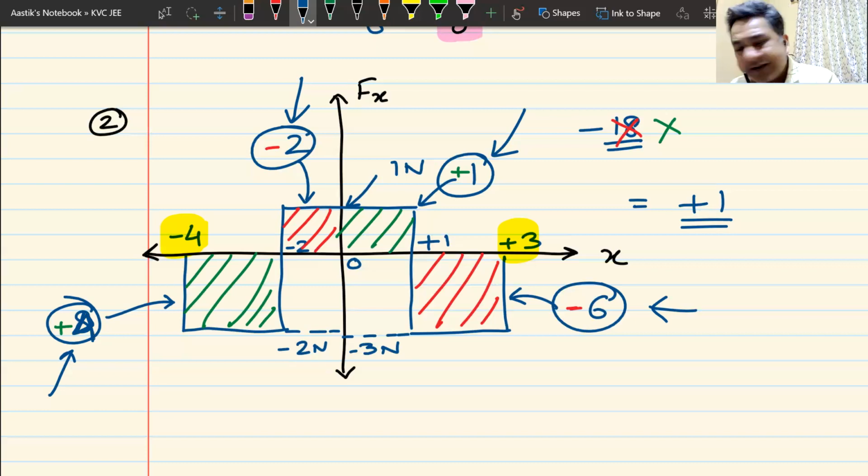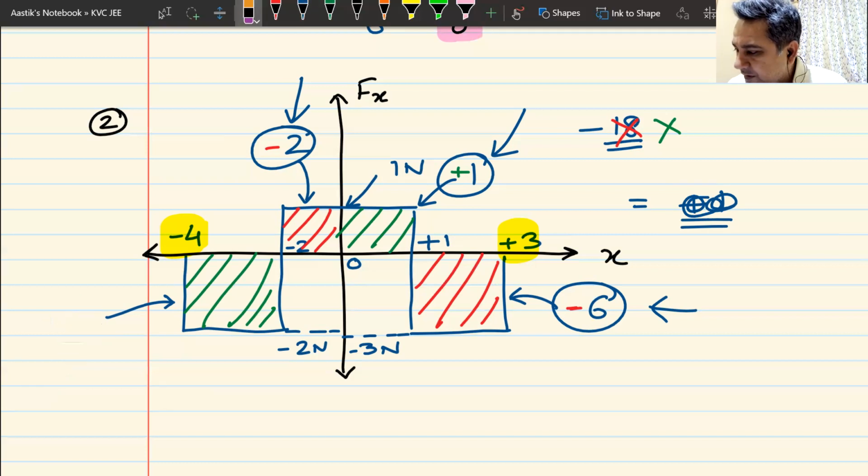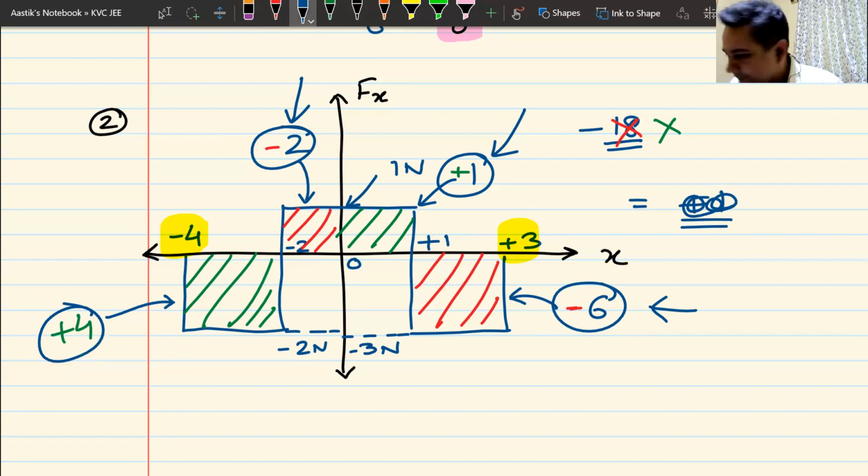Right. Now correct? Plus 4. I multiplied wrongly, that is what you are saying? That should be plus 4, right? Yes, that is correct. So what is the final answer then?